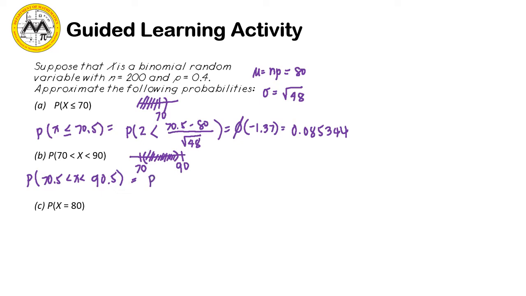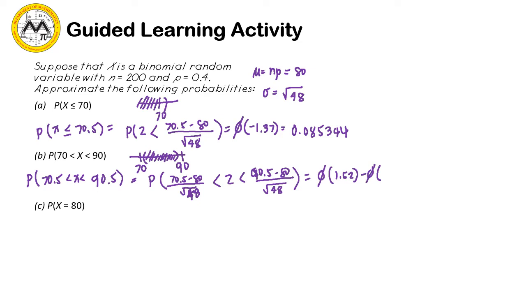That would be phi of (90.5 minus 80) divided by the square root of 48, which is 1.52, minus phi of (70.5 minus 80) divided by the square root of 48, which is negative 1.37.